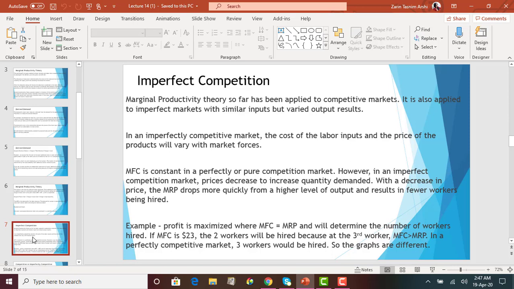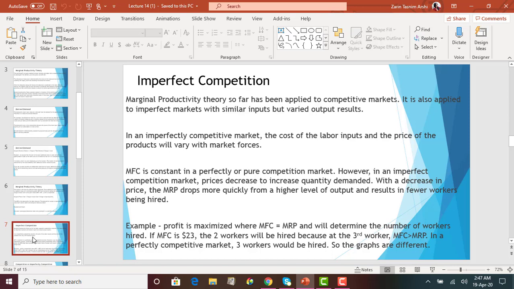However, in imperfect competition, price decreases to increase quantity demanded. With a decrease in price, the marginal revenue product drops more quickly from a higher level of output and results in fewer workers being hired. So what it's saying is, when price drops, the MRP will drop further, because before we had fixed prices but output increased, so revenue went up.